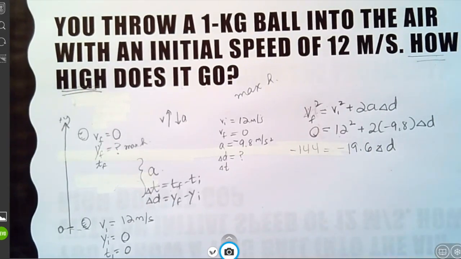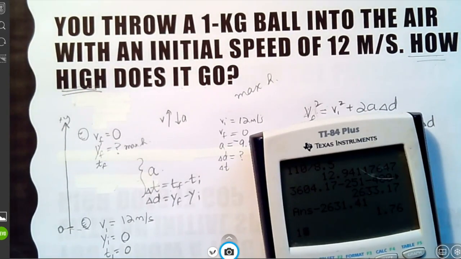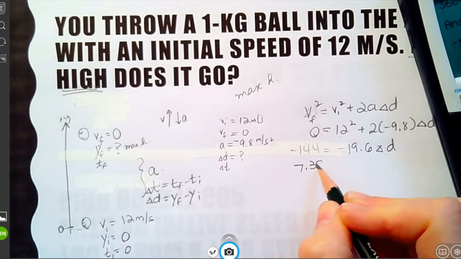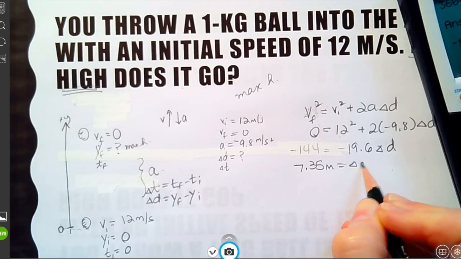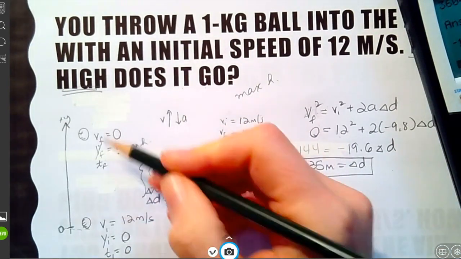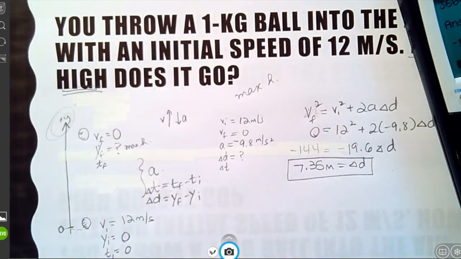And so when I take out my calculator, negative 144 divided by negative 19.6 gives me positive 7.35. Now, does the positive value make sense? Well, it does, because I've moved from the ground up in the positive direction.